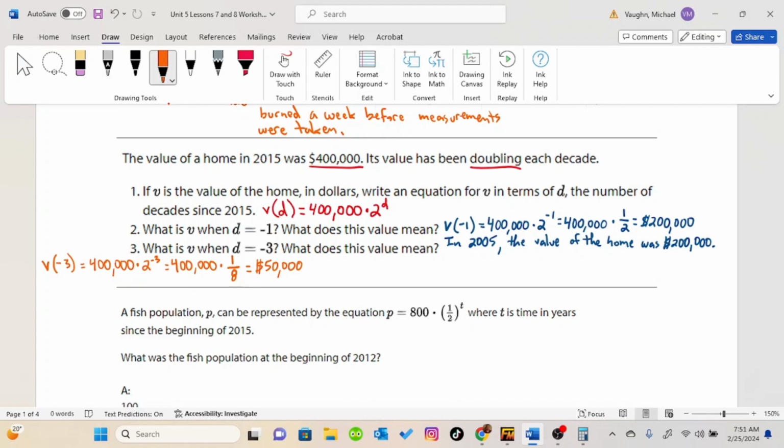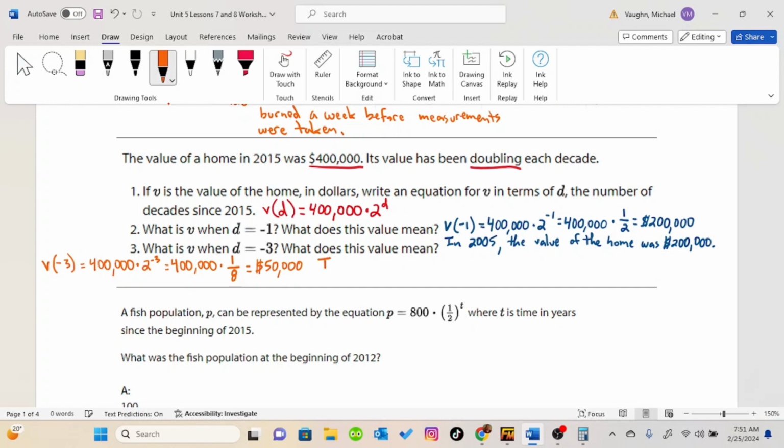And if we're saying decades is -3, then that is 3 decades before 2015. A decade is 10 years, so 3 decades is 30 years, and 30 years before 2015 would be 1985.